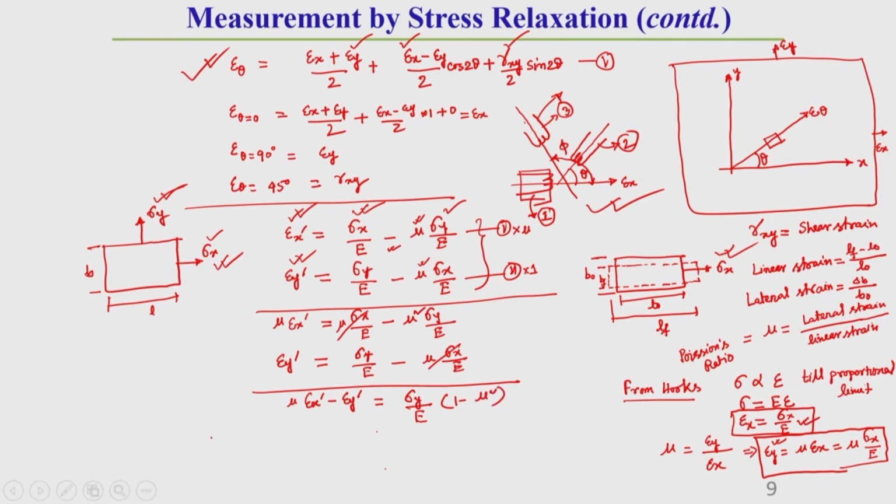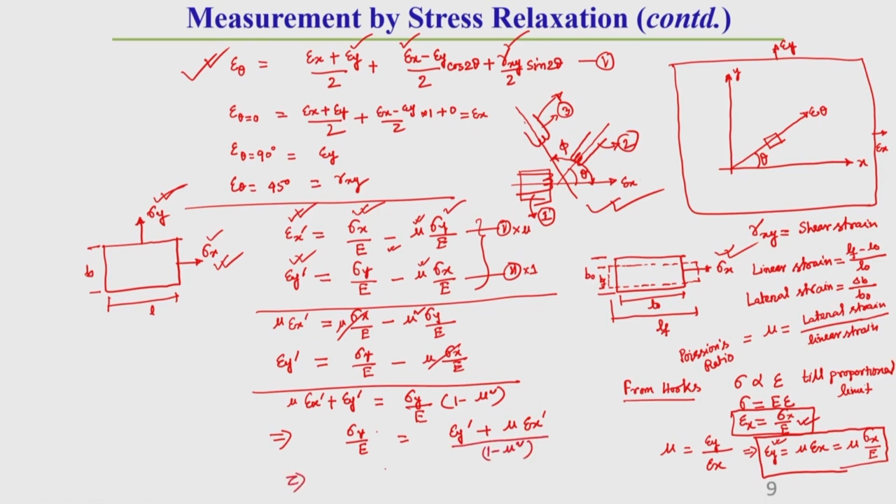So, here you can get sigma y by E equal to epsilon y dashed plus mu into epsilon x dashed, divided by 1 minus mu square.